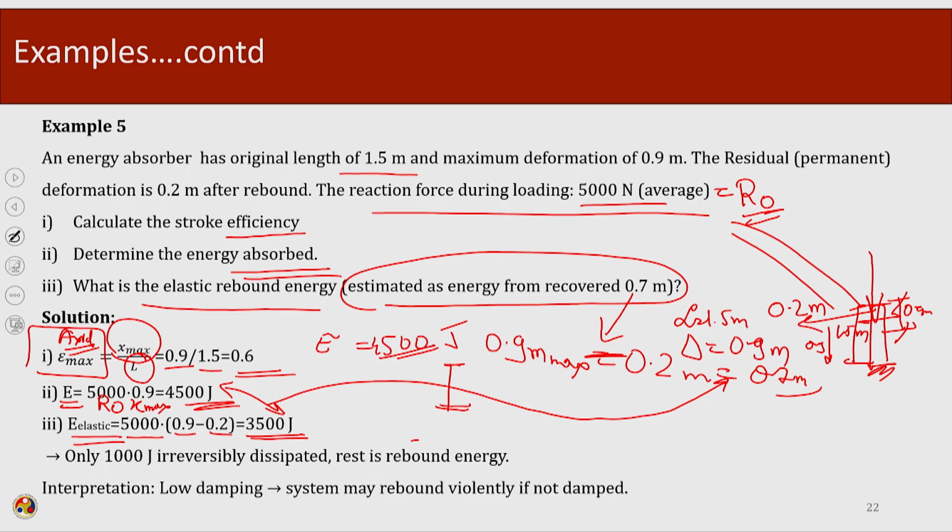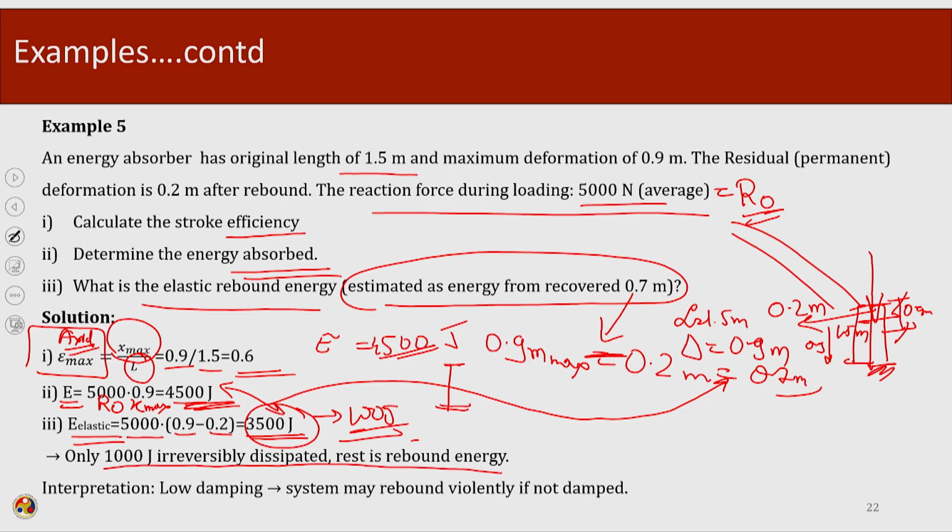After this deformation, 0.2 meter was the permanent deformation and 0.7 was the recovered deformation. So, out of this 4500, 3500 joule was recovered, and only 1000 joule was permanently absorbed. So, here 1000 joule was irreversibly dissipated, the rest is the rebound energy.